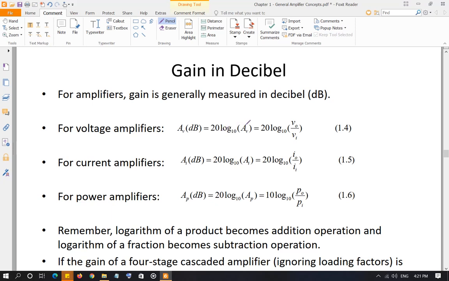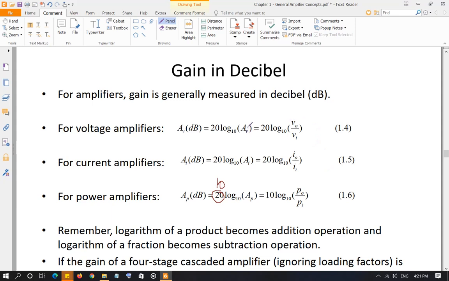So log of the gain to the base 10 multiplied by 20. That's how you convert the voltage gain and current gain into the decibel value. For power amplifier, this is incorrect. I'm going to fix it. For power amplifier, it is 10 log 10 of AP.